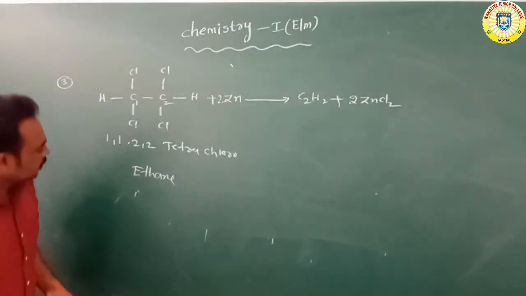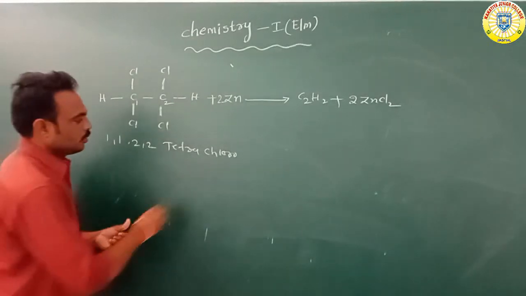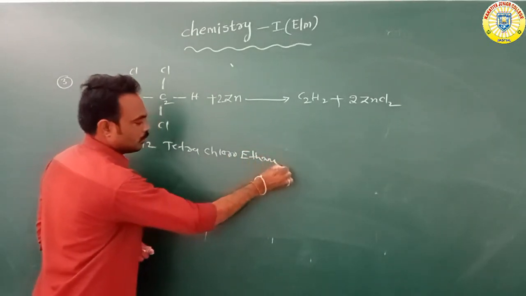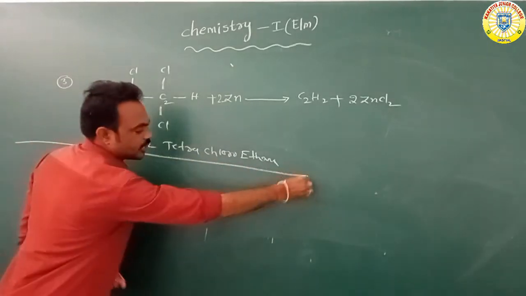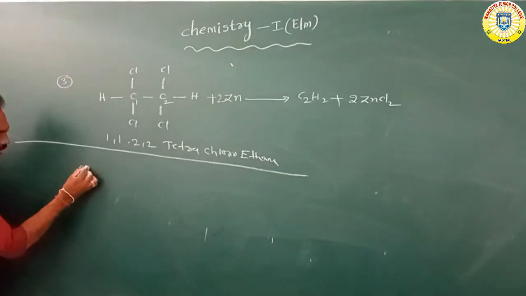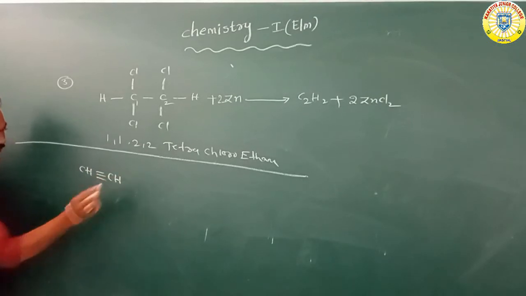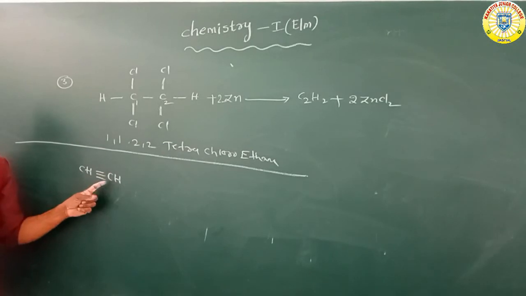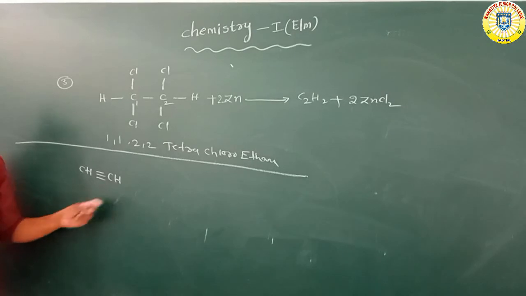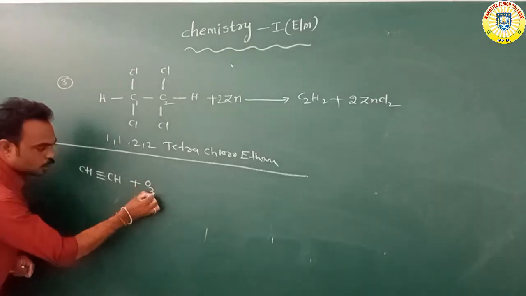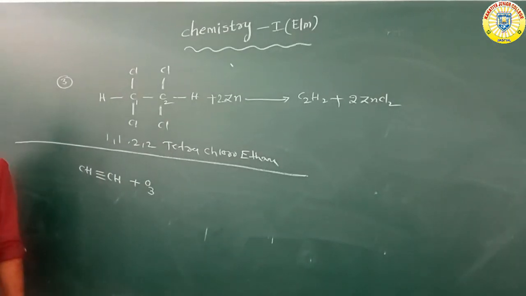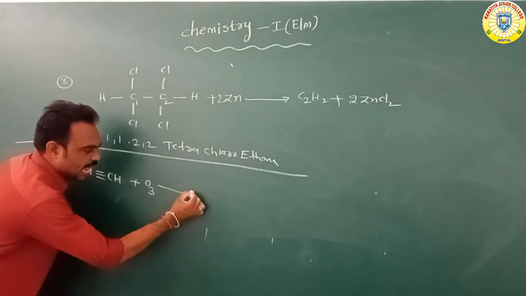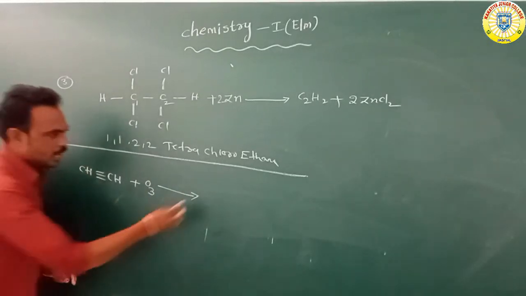Suppose, for example, CH triple bond CH or C2H2, acetylene. This acetylene reacts with the ozone. Ozone formula O3. So to form in this reaction, oxygen.